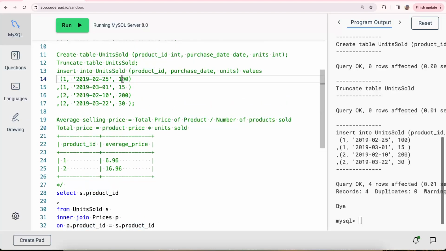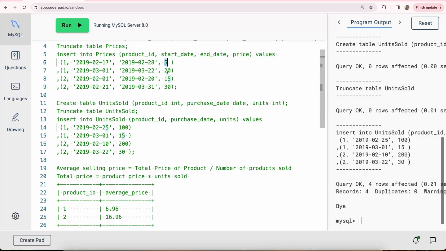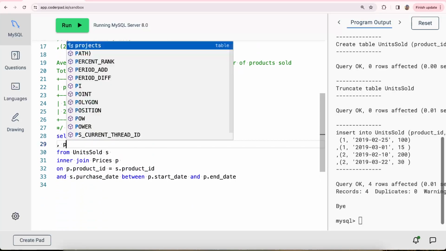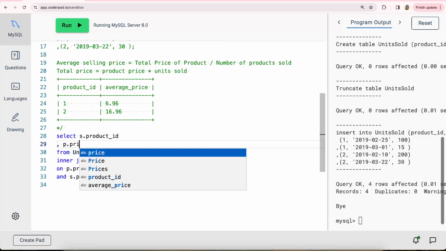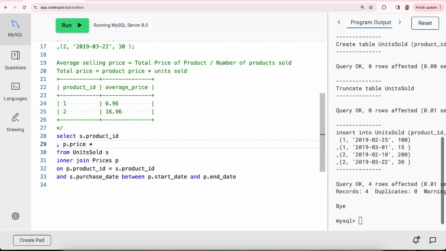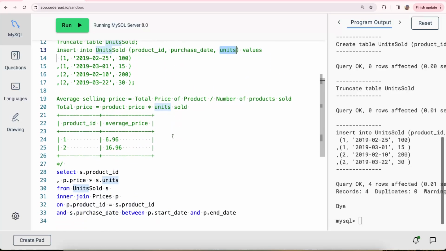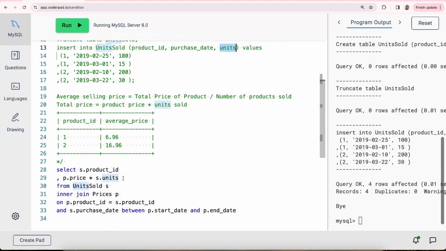So unit sold is here, the product price is here. So we just say p dot price times s dot units, only units. So this will give the total price.